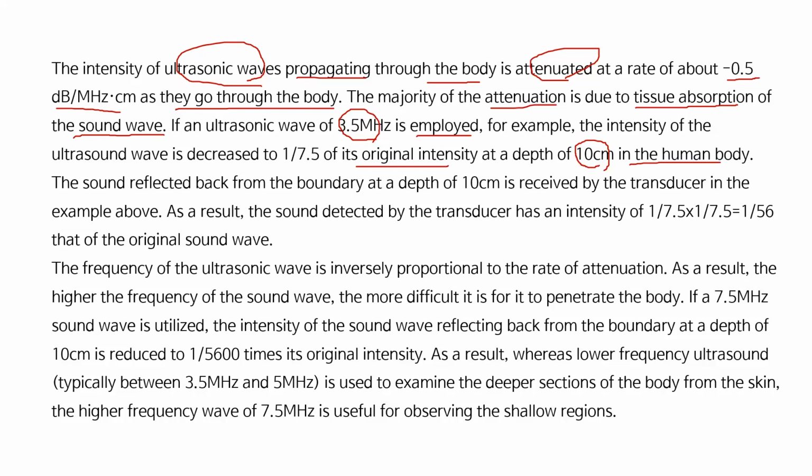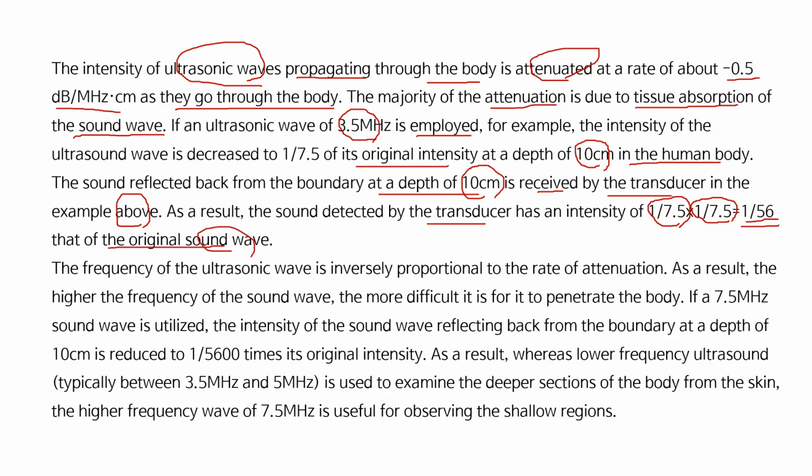The sound reflected back from the boundary at the depth of 10 centimeters is received by the transducer in this example above. As a result, the sound detected by the transducer has an intensity of 1 over 7.5 times 1 over 7.5, which gives 1 over 56 of the original sound wave.